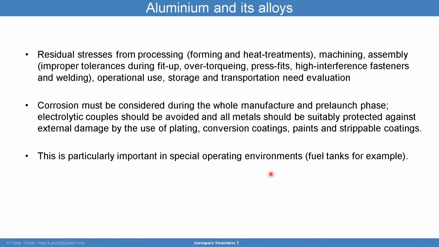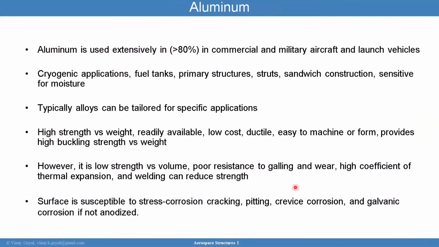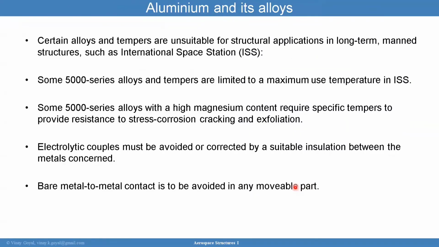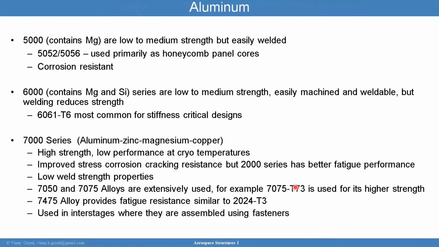So let me go back to this table so you can see that balance I'm talking about. Here you can see 7000 did really well, and 2000 as well, but 7000 is doing really well for both corrosion and stress corrosion cracking. 7050 and 7075 are extensively used, and you're going to see T73 being used quite a bit for even higher strength.